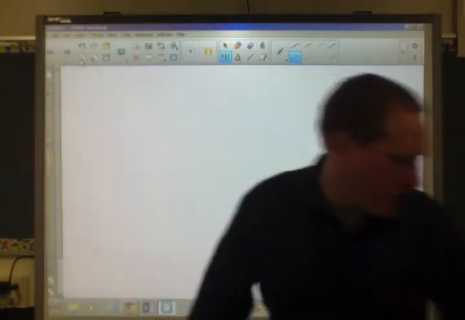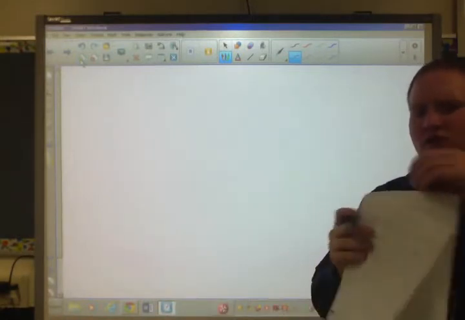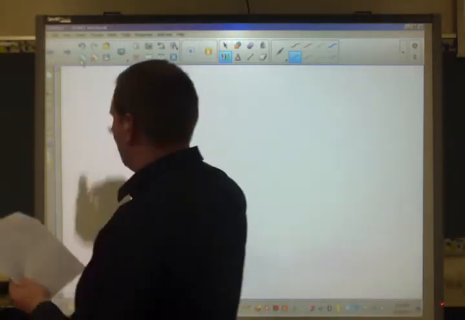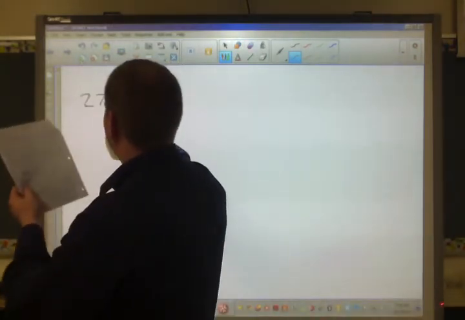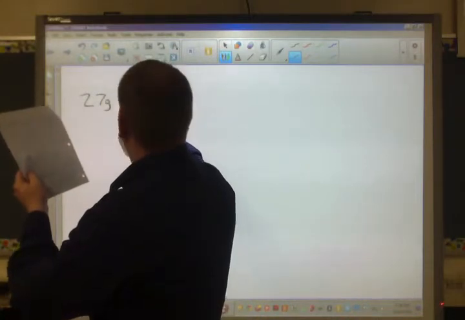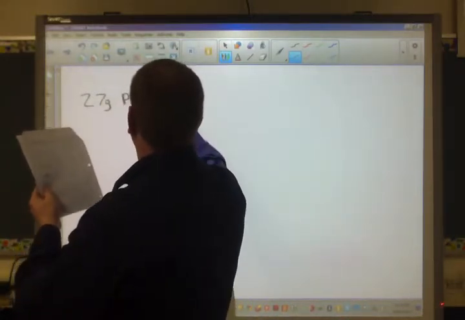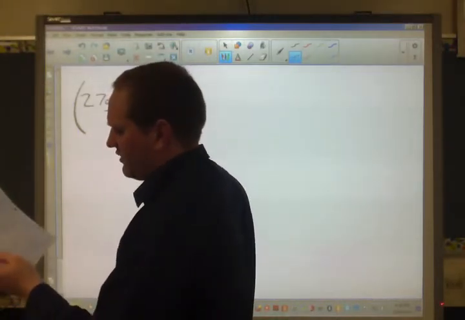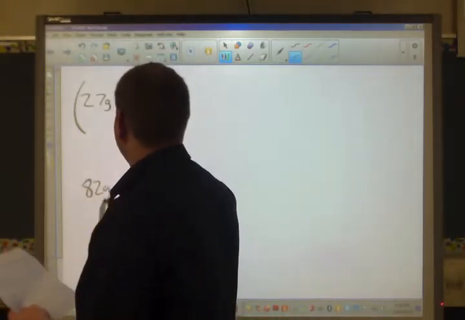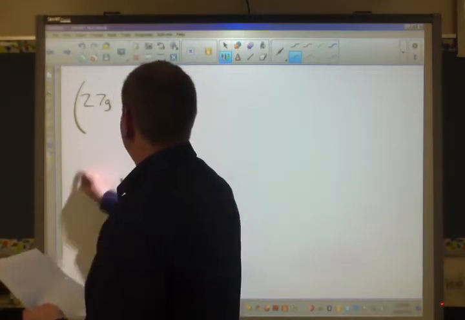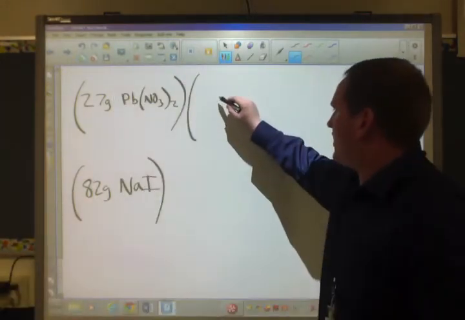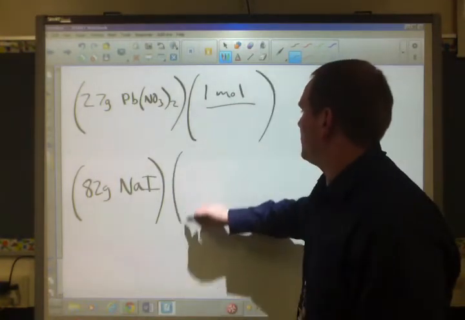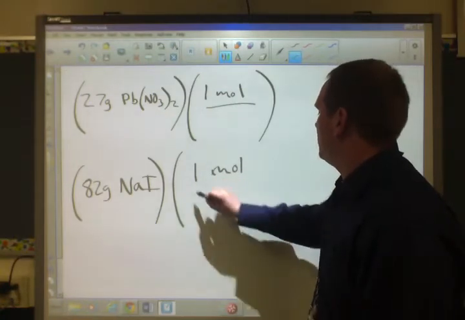Alright, now we're given grams of each of our reactants, so let's write these down and convert them to moles. I have 27 grams of lead 2 nitrate, Pb(NO3)2, and I have 82 grams of sodium iodide. Times 1 mole over.